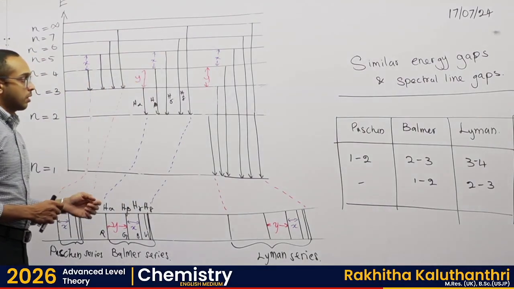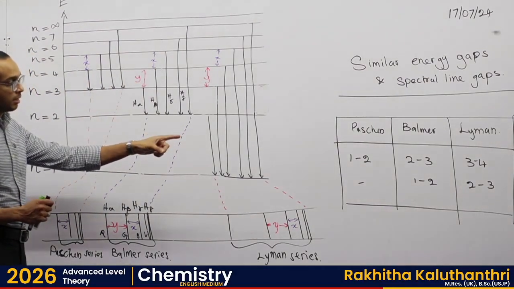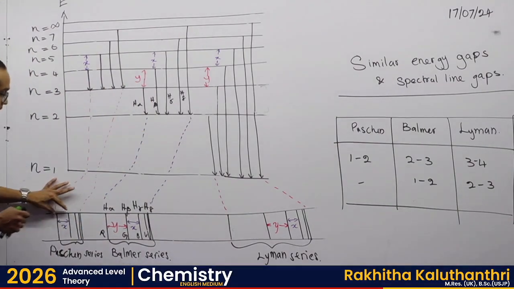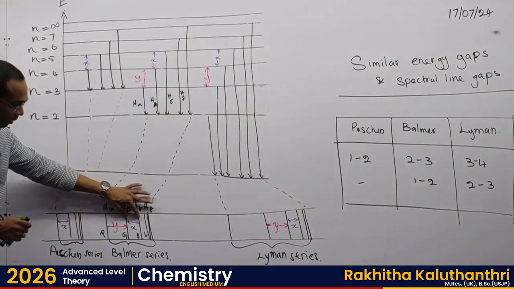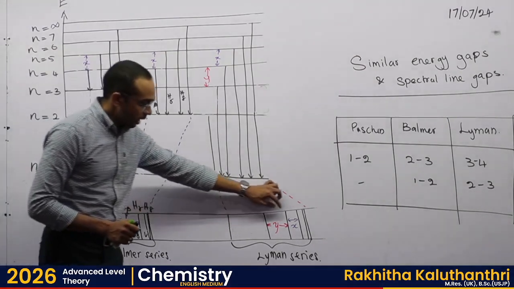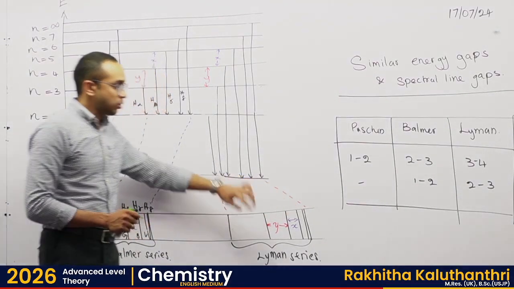So you can see when it comes to the Paschen series, the first and second line gap is equal to the second and third line gap in the Balmer series, and the third and fourth line gap in the Lyman series. So this is like a trend.